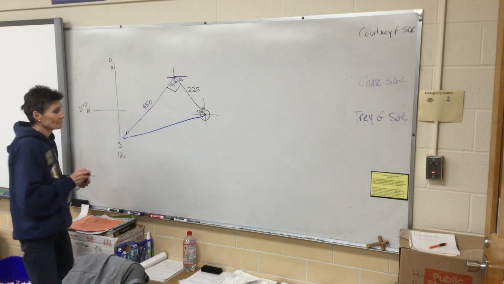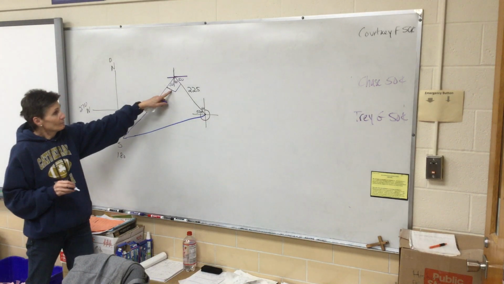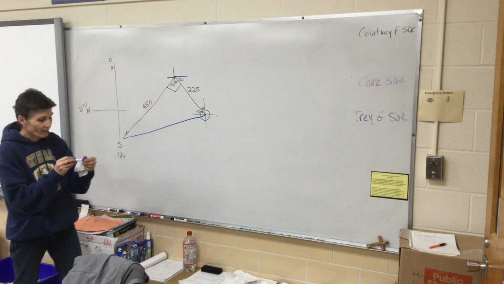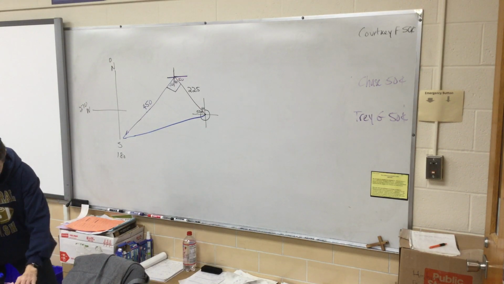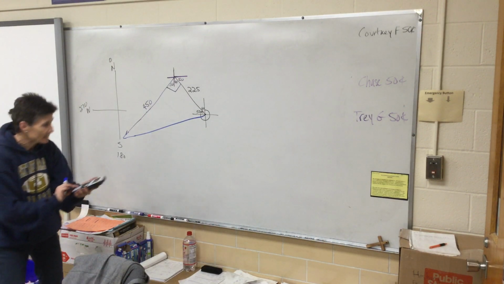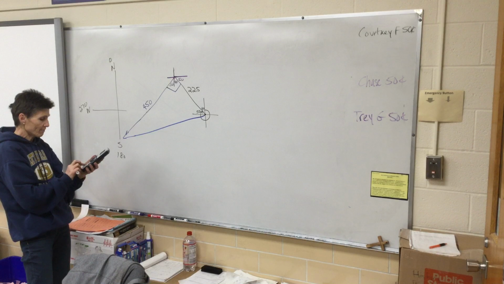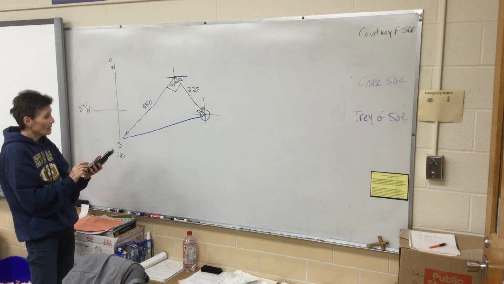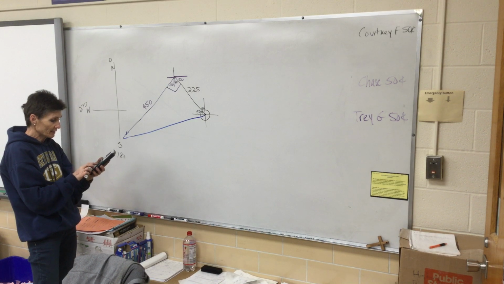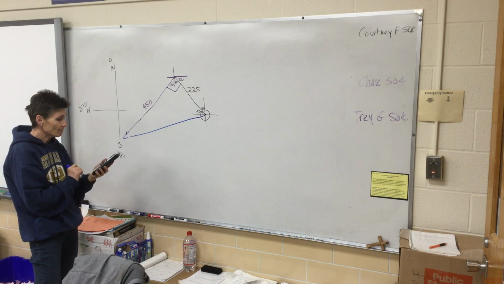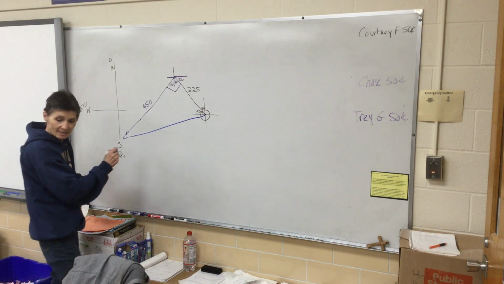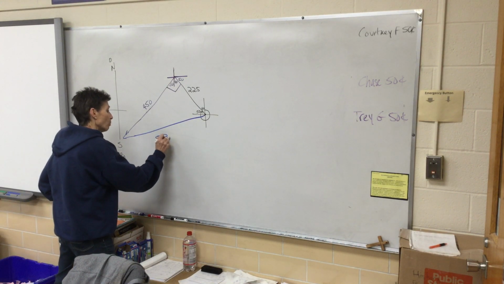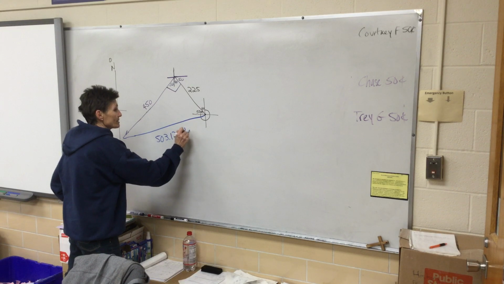Right? There's your right angle, 450 and 225. So we can find this distance quite easily. Let's do the Pythagorean Theorem: 450 squared plus 225 squared, and then let's square root that number. His distance from the airport is 503.12 miles, approximately.